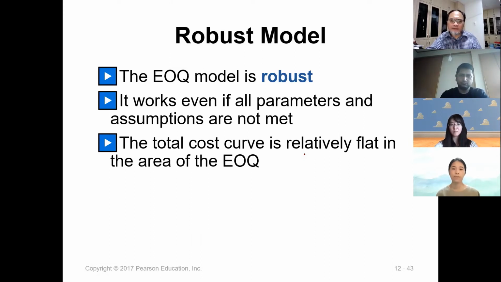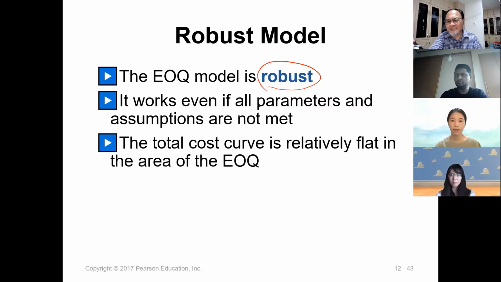So I think I didn't explain this clearly about the robust model. The EOQ model is robust. What do you mean by robust? It is explained in the next sentence.